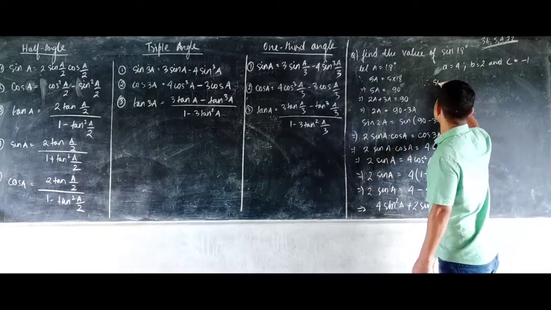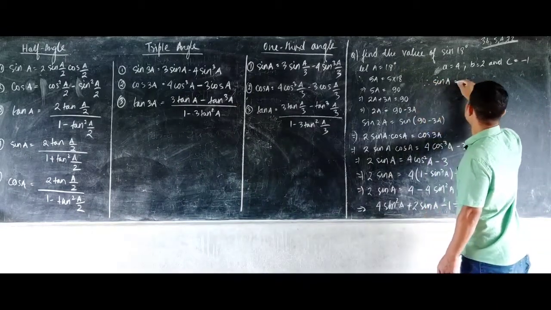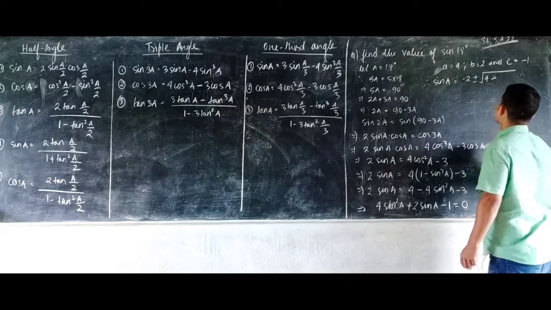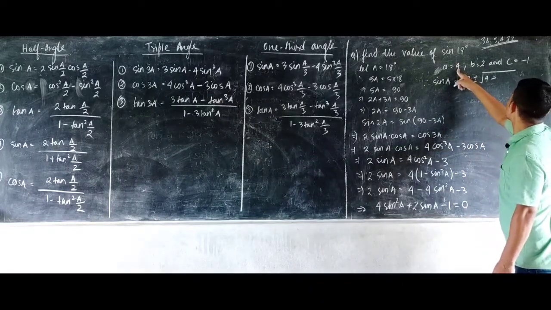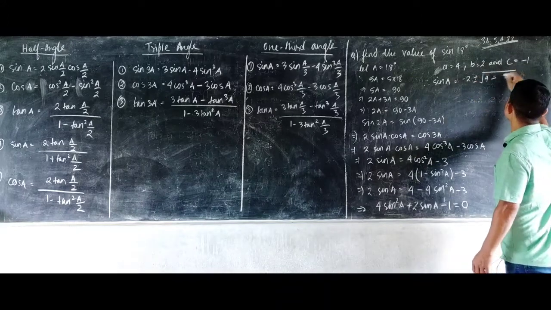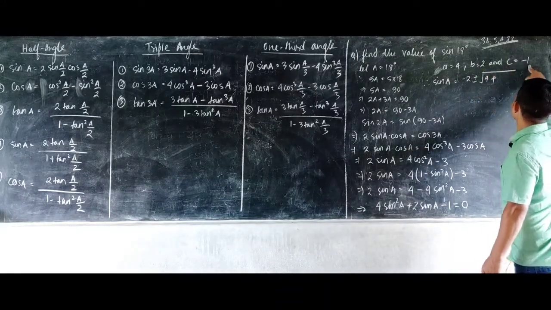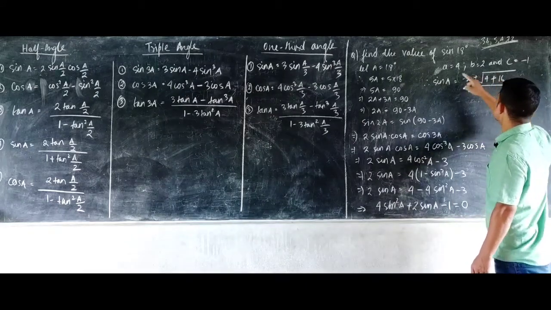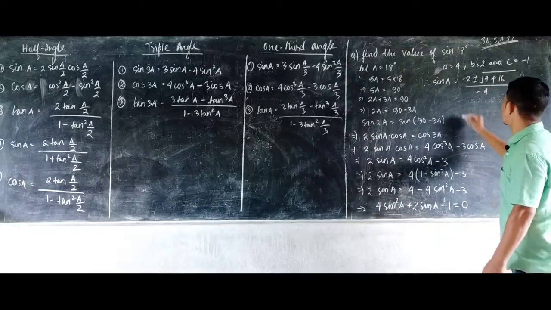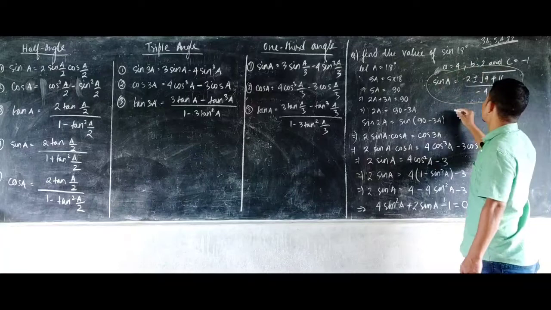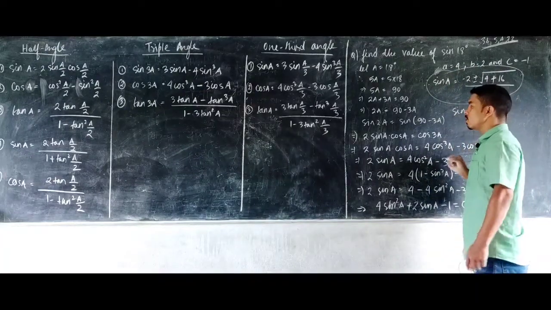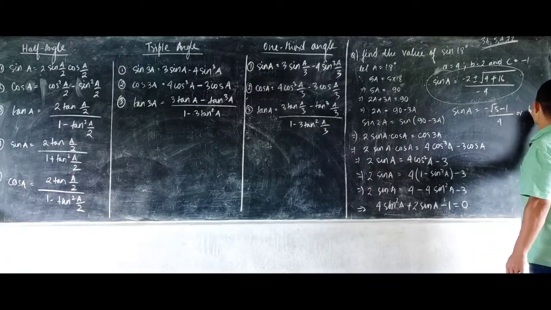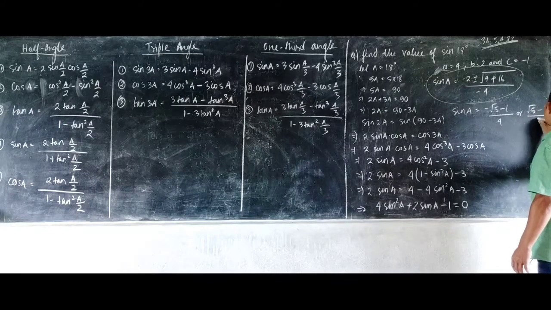Therefore the value of sin A equals −b, that is −2, plus or minus the square root of b² − 4ac, that is 4 − 4 times 4 times (−1), so it will be plus, 4 plus 16, divided by 2a, that is 8. On solving this equation, you will get sin A equal to either (−√5 − 1)/4 or (√5 − 1)/4.